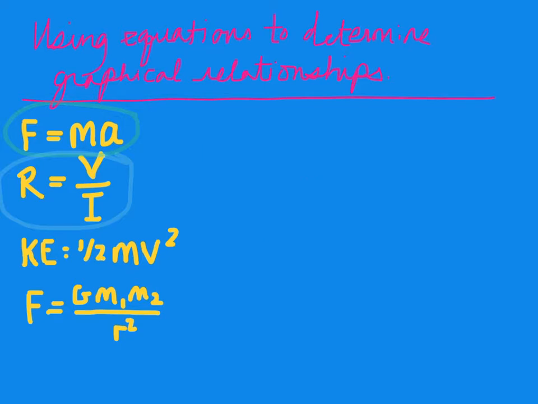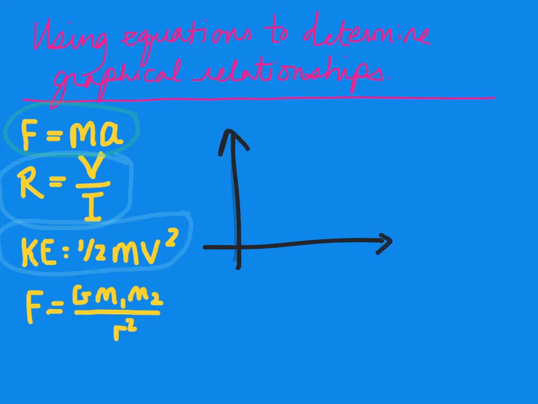Let's try the next one. Let's look at the equation KE equals 1/2 mv squared. For this graph, I'm going to look at the relationship between speed, which is V, and KE, which is kinetic energy. Now, as speed increases, and we square that speed, what happens to the kinetic energy?